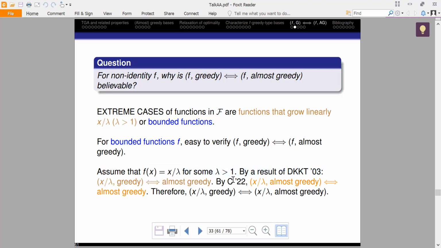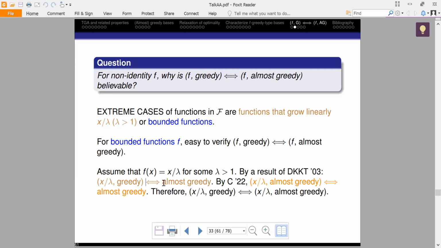And by a result that I also mentioned earlier, X over lambda almost with D is equivalent to almost with D as well. Remember, when we reduce the size of almost with D, we do not get anything new. This is where we now use this result here.